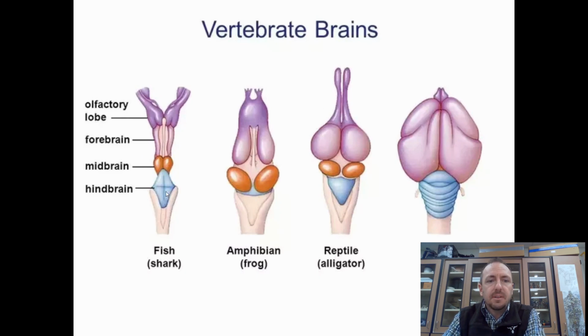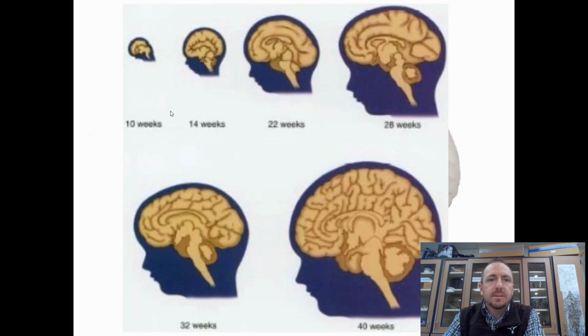But we're going to find out that as we develop, our hindbrain, midbrain, and forebrain start out rather small, just like those brains do. But then as we develop, our forebrain is going to start developing larger, and that's the main part of the brain. That's what most people think about when they talk about the brain, is this forebrain here.